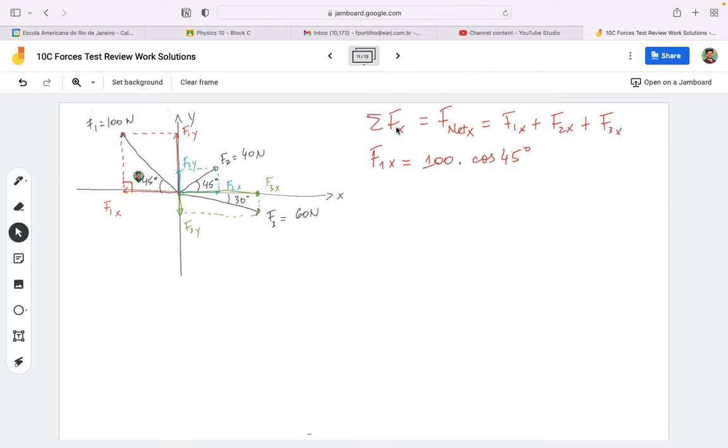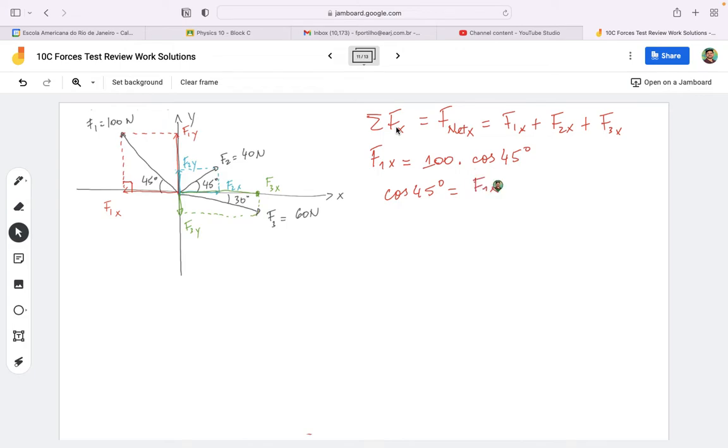And 100 represents the hypotenuse. Just so you remember, if we did the conventional way, we would have cosine of 45 equals adjacent, which is f1x, right?